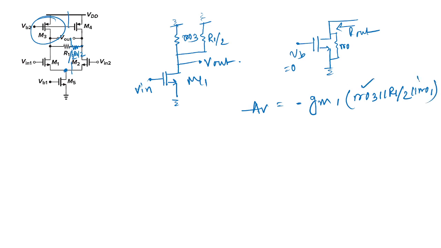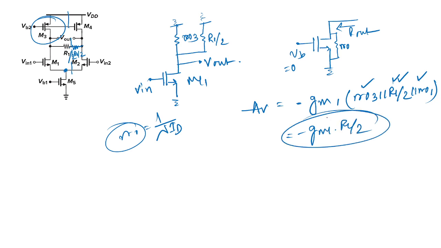Typically the value of this RO is basically 1 by lambda ID. This RO value is very high as compared to R1 by 2, so you can write GM1 times R1 by 2. As we know, if some resistances are connected in parallel, the equivalent resistance is less than the smallest resistance connected in parallel.